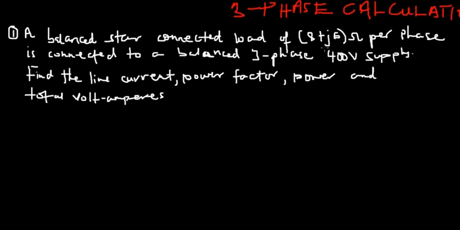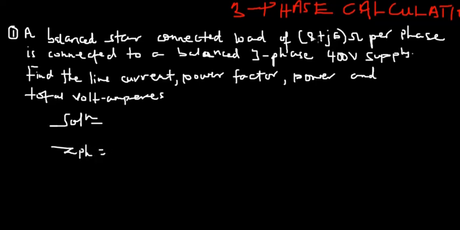So now we have our impedance. So we have our solution. We have our impedance, let's say per phase. Since it's per phase, we could just use certain notation.